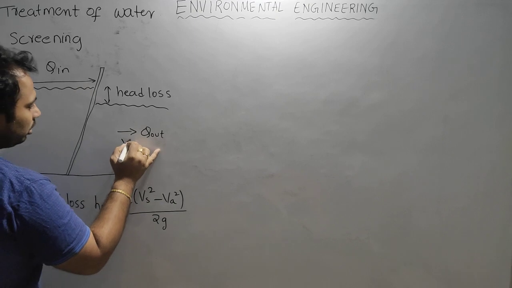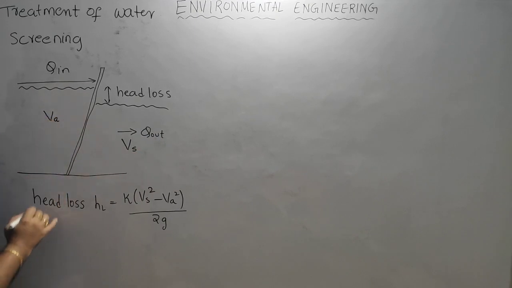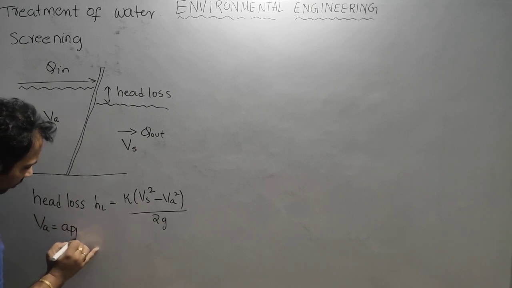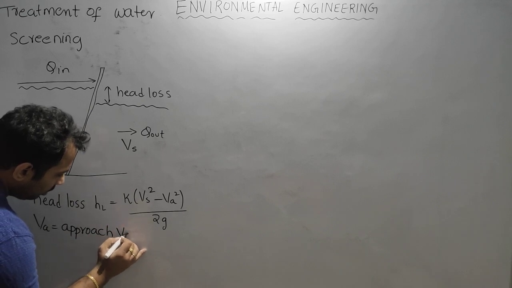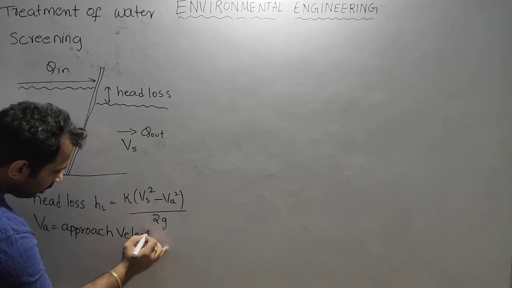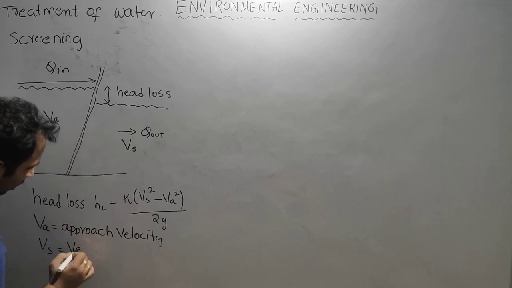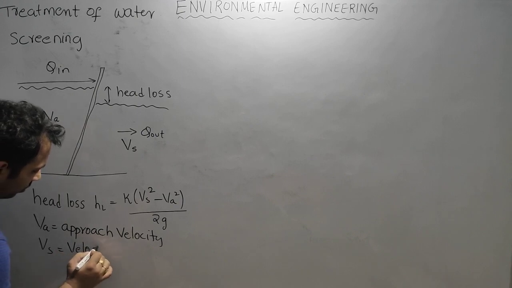Here the velocity is Vs, here the velocity is Va. Va is the approach velocity, and Vs is the velocity through the screen.